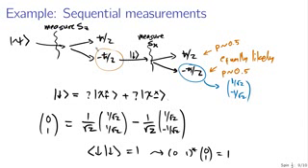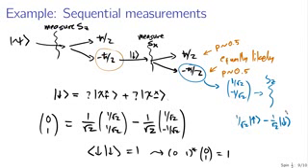If I went back to measure S sub z again, I would have to re-express this as a superposition of up and down in order to find out what those outcomes would be. Given that up is just (1, 0) and down is (0, 1), I would have to write this as 1 over root 2 up minus 1 over root 2 down.